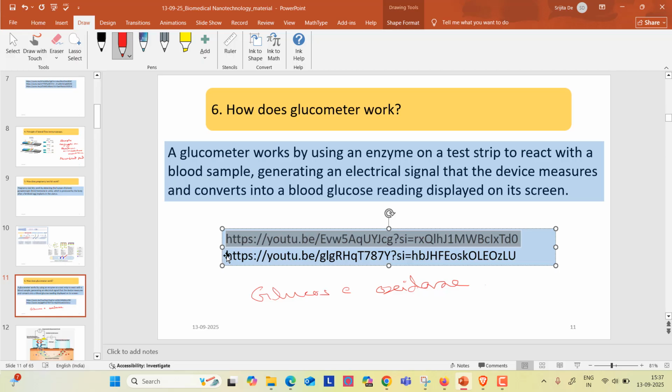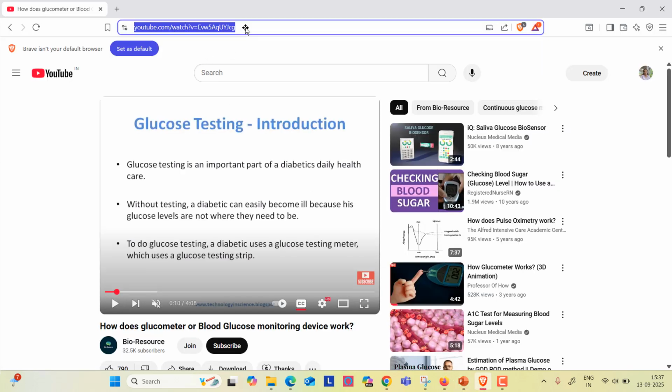This explains a lot of things, so you can see on your own. I am showing a small video here.